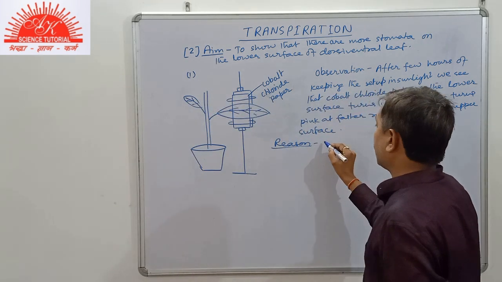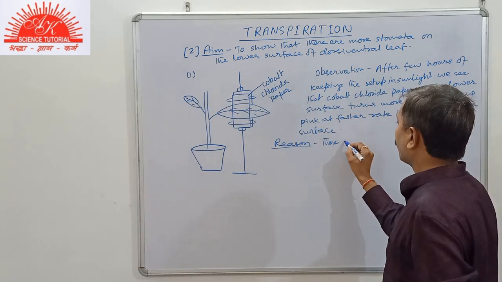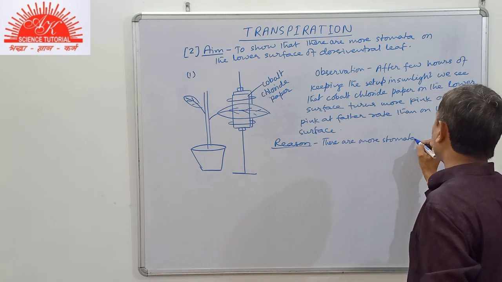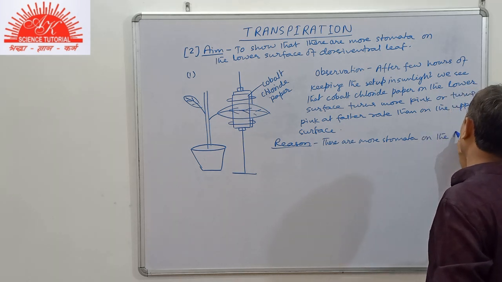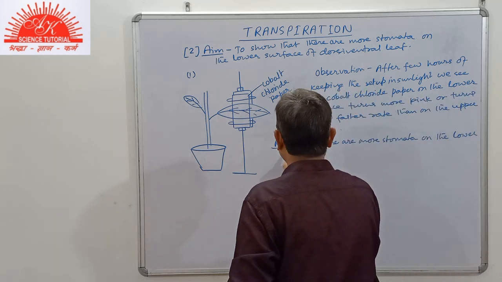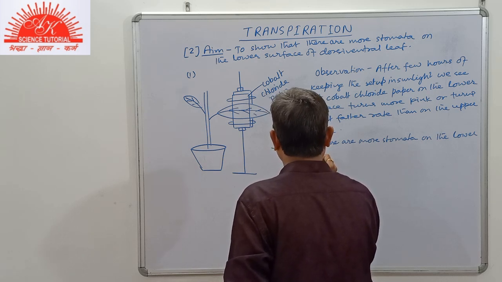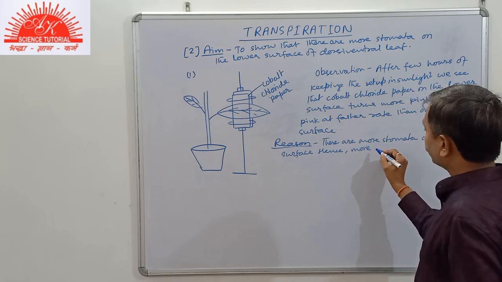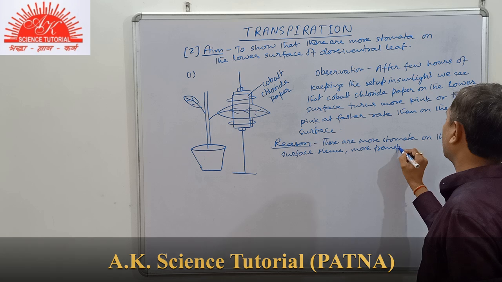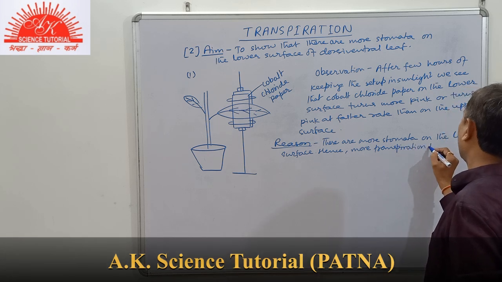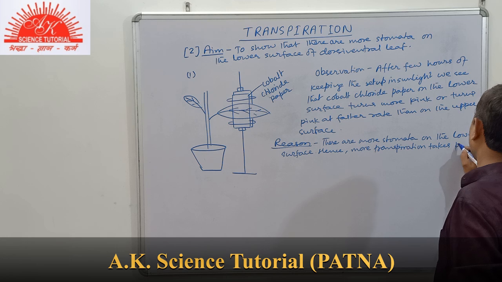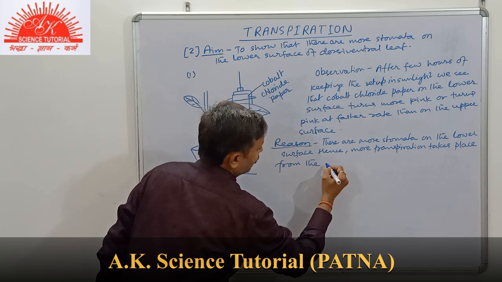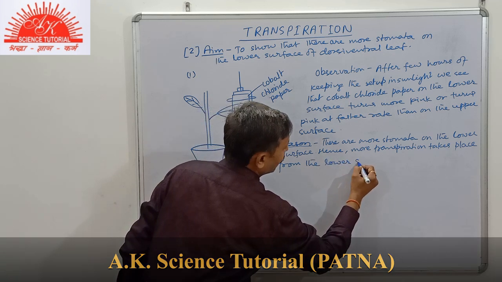So the reason is that there are more stomata on the lower surface, hence more transpiration takes place from the lower surface.